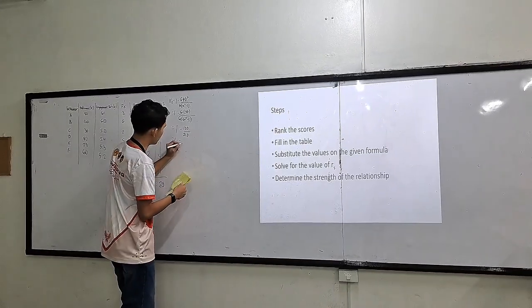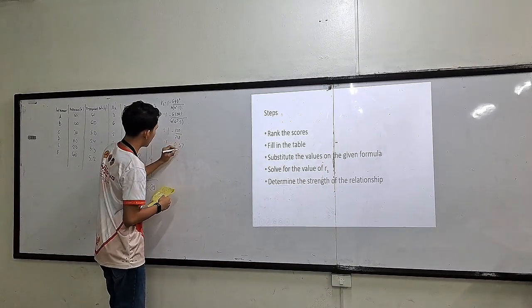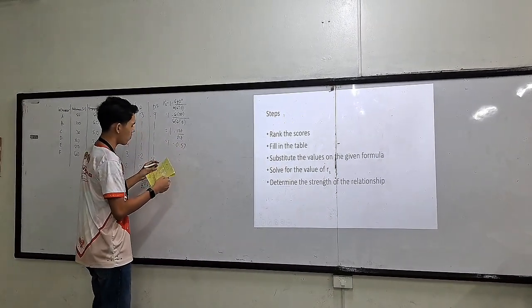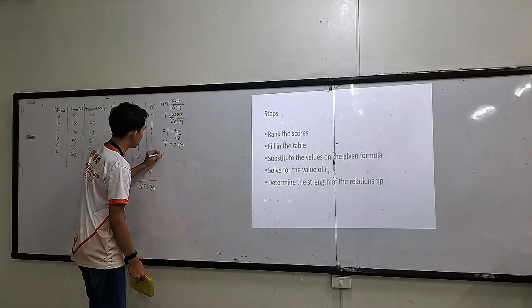Divided by 2, that will be 0.57. And 1 minus 0.57 will be 0.43.